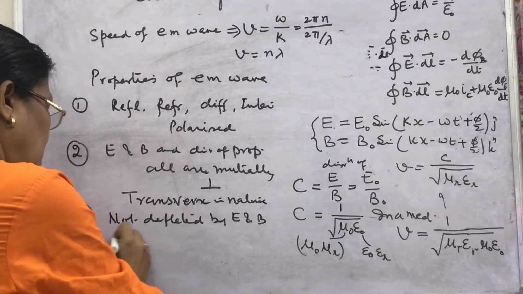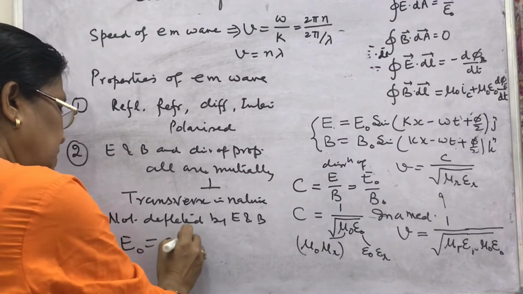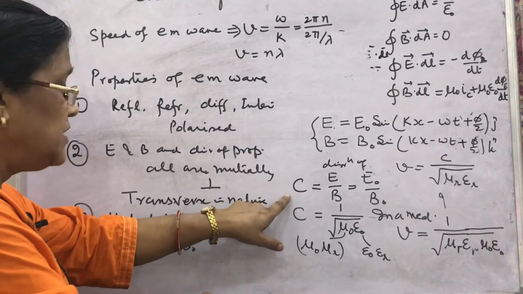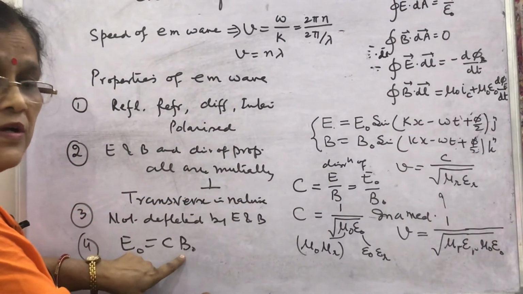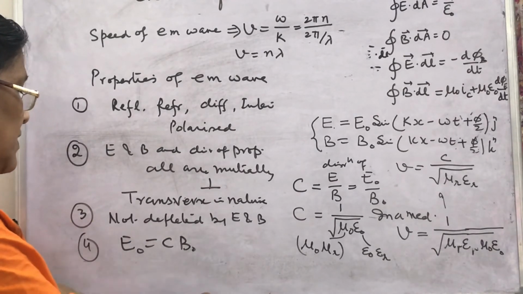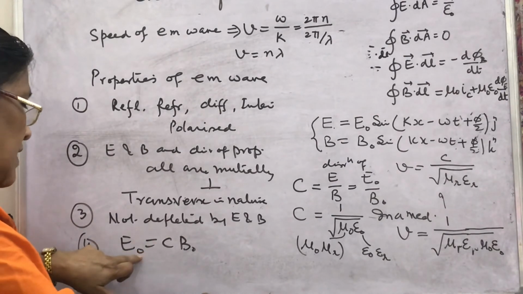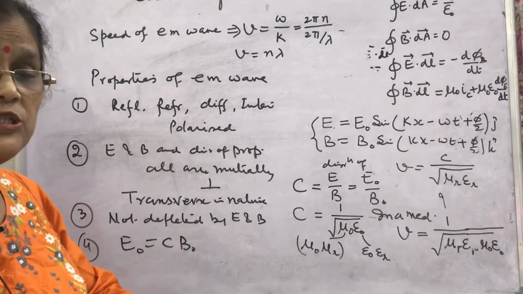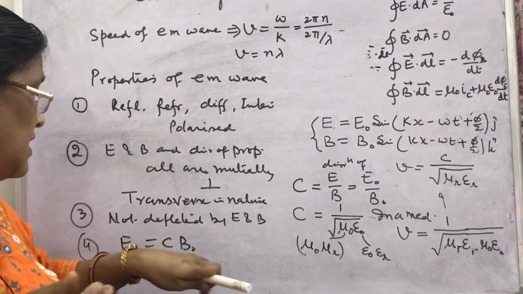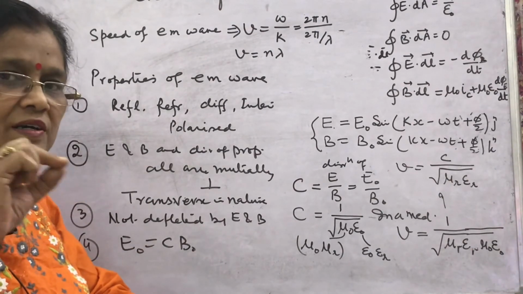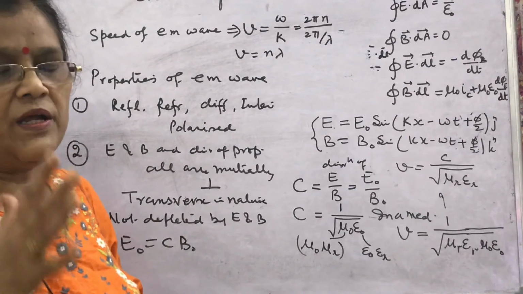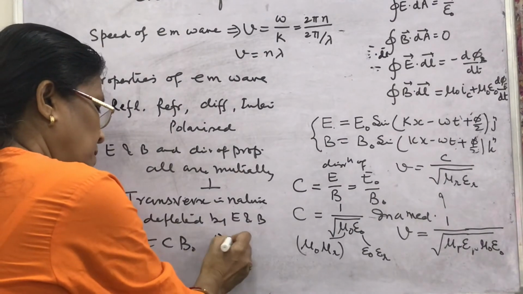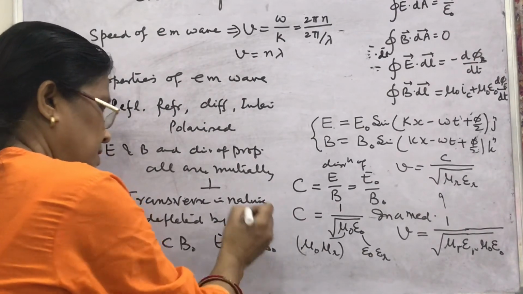Since E naught is c B naught, look from this relation. c is the speed of light, the speed of the EM wave. So the contribution of the electric field is much larger than the magnetic field, and this factor is responsible for the optical effect in EM waves, since E naught is much larger than B naught.